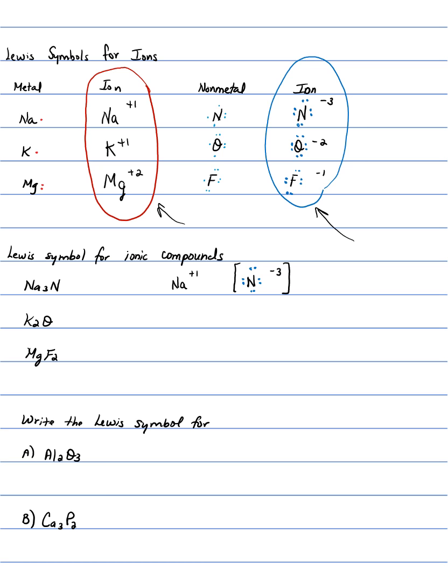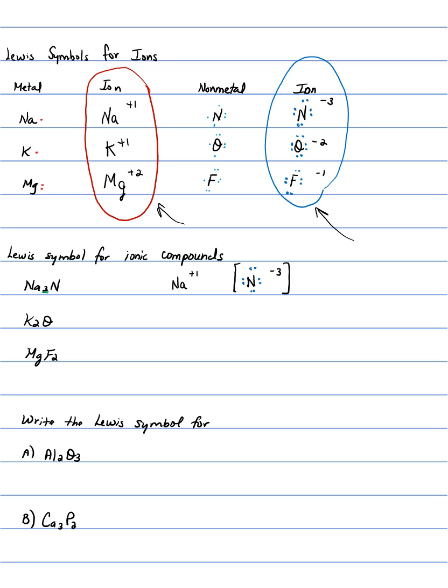When I was writing down the symbols for the ions, I was not taking into consideration this number here. You see, I just wrote Na with the charge of +1 because that's the charge that you have for the ion of sodium, and nitrogen with the charge of -3 because that's the charge that you have for the ion of nitrogen. 8 dots around because nitrogen is gaining 3 electrons to go from 5 to 8.